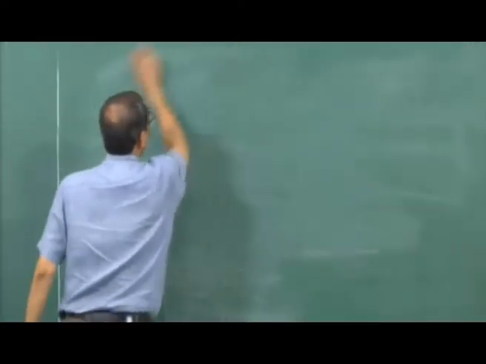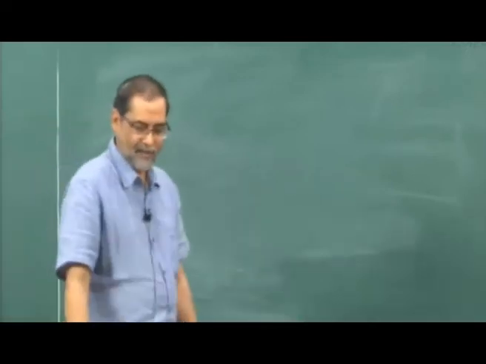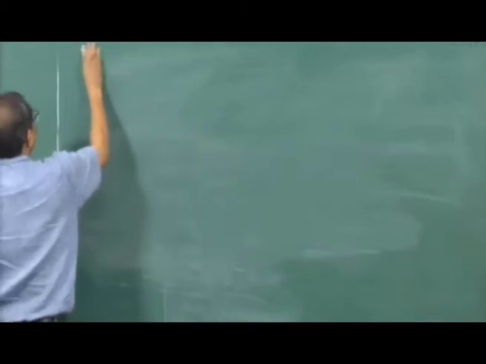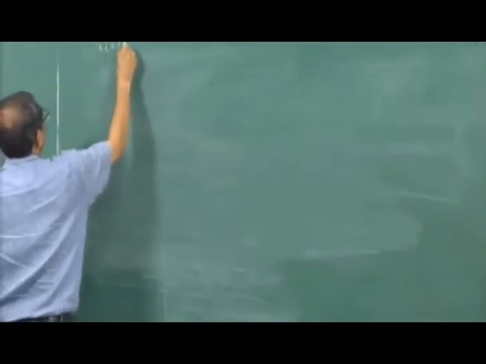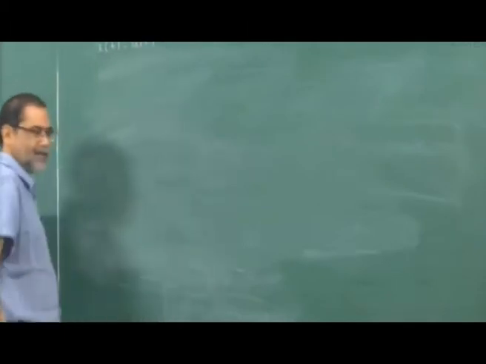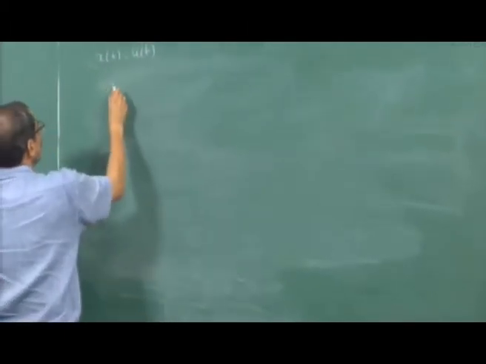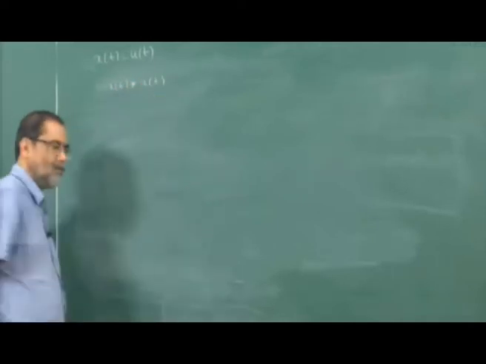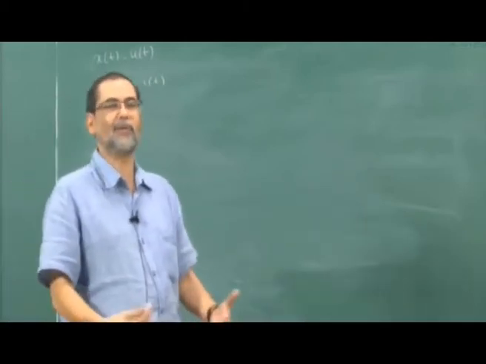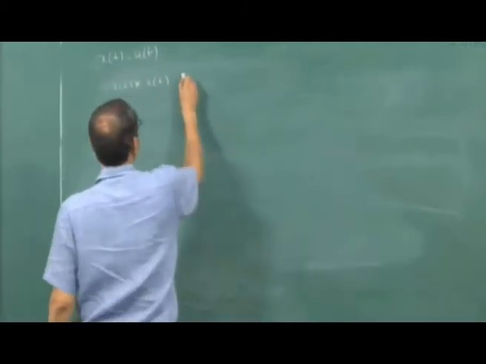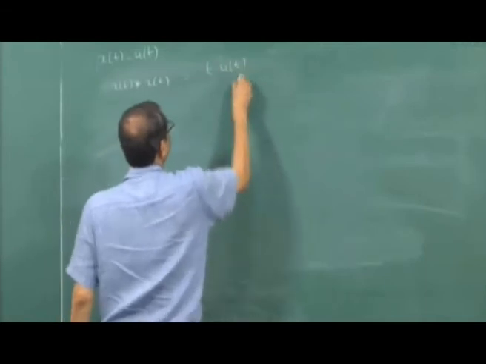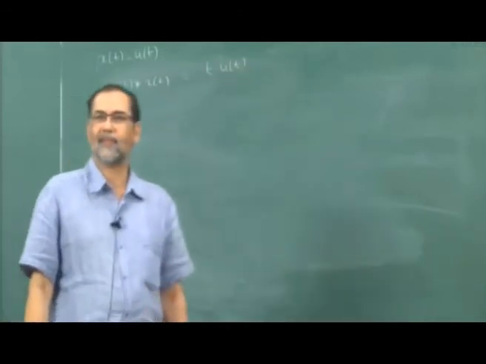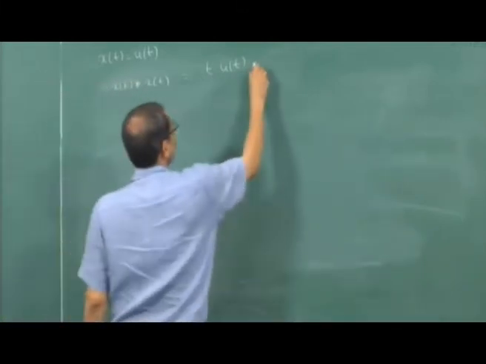We are getting into interesting questions here, because some textbooks tell you that if x is u, that is unit step, and you convolve u of t with itself, unit step with itself, this result will be a ramp function. Now let's call this some y of t.